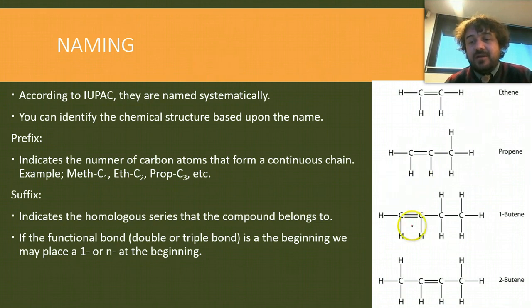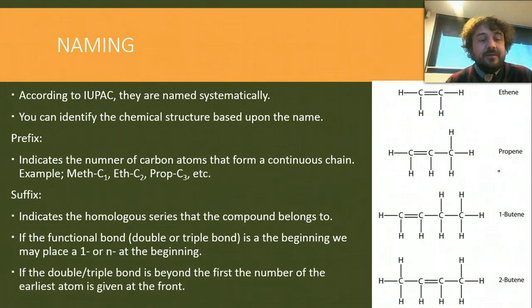So here we've got the double bond, double bond, double bond. You don't have to, but you can. It's 1 for the first one or n for normal. If the triple bond or double bond is beyond the first number, you do it at whatever's going to be the earliest. So in this case, you can go 1, 2, 3, and that would count.